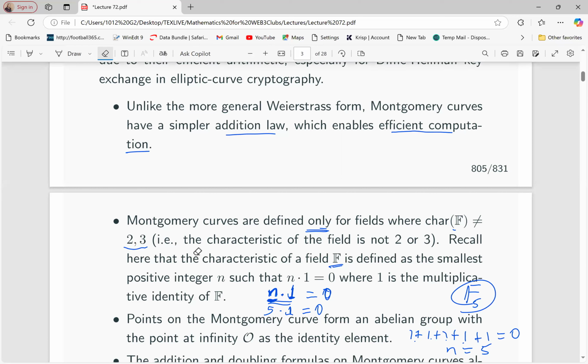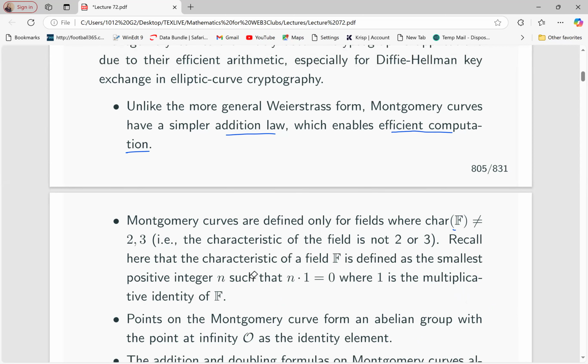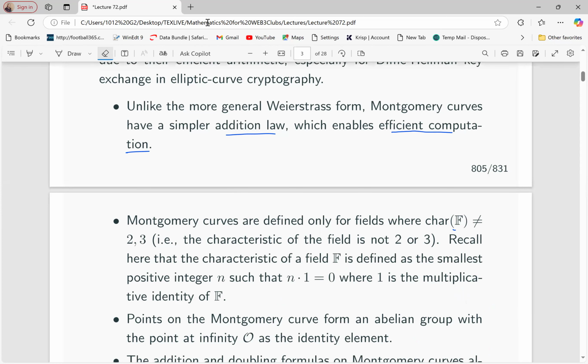But when the characteristic is 2 or 3, then in that field we cannot define a Montgomery curve. I think that is clear as we proceed. In cryptography, of course, we'll be looking at larger fields, so there's no problem here. The fields we're looking at in cryptography are fields where we can always define Montgomery curves.